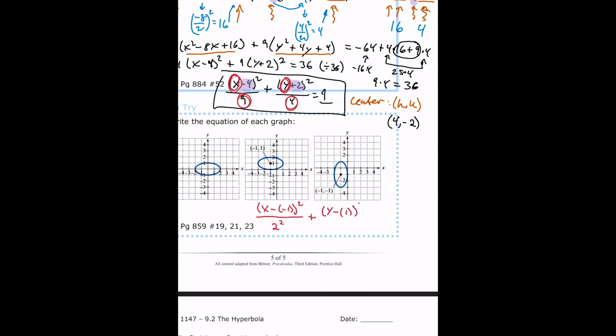That's the y-coordinate of my vertex, or sorry, my center, divided by the vertical radius, which is a 1 squared. Standard form, this has to equal 1, and then we would just clean this up a little bit, and we get x plus 1 squared over 4 plus y minus 1 squared over 1 equals 1. And that's the equation of our middle ellipse there.